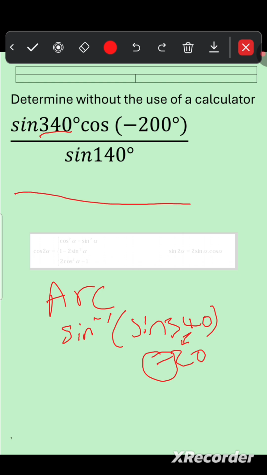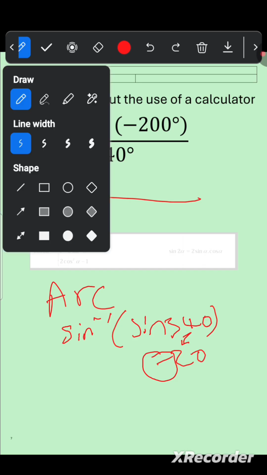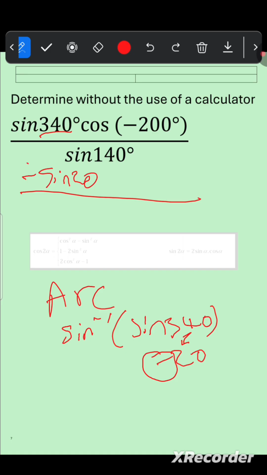So this is the same as negative sine 20, where now this negative is this negative here that I got in the calculator. So the sign of the answer that you get in the calculator will be the sign that you give to the trig ratio.